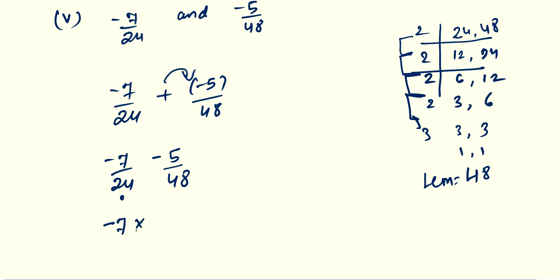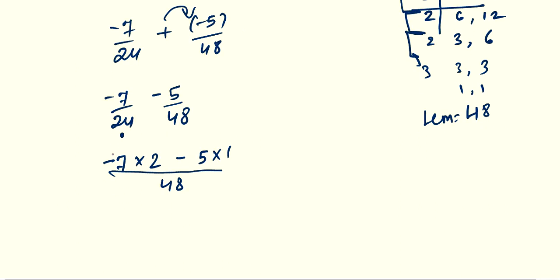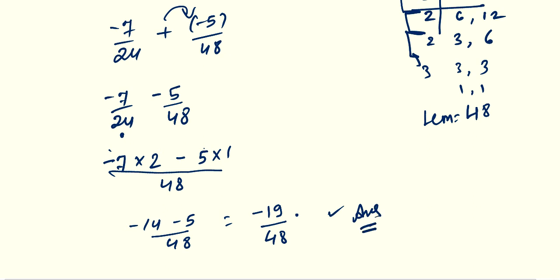That means we will multiply minus 7 by 2. For minus 5, 48 is a multiple of itself, 48 ones are 48, so 5 into 1 whole upon 48. So minus 7 into 2 is minus 14, and minus 5 into 1 is minus 5. Minus and minus is plus, so minus 14 minus 5 is minus 19. So minus 19 upon 48. This is your required answer.